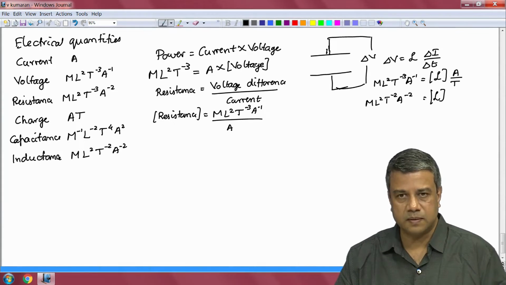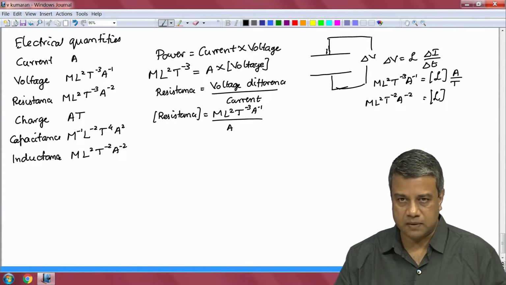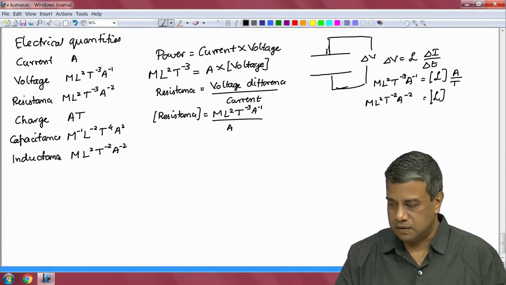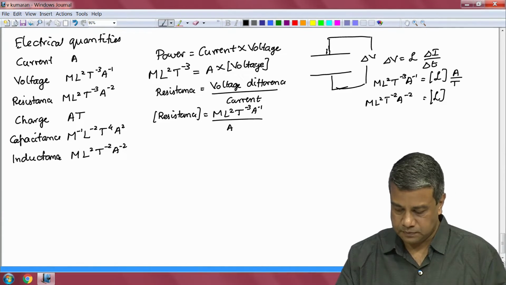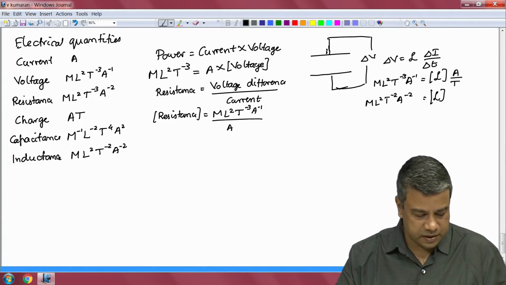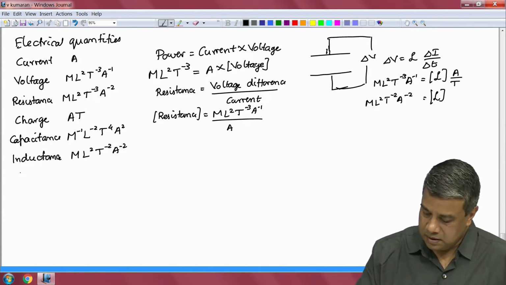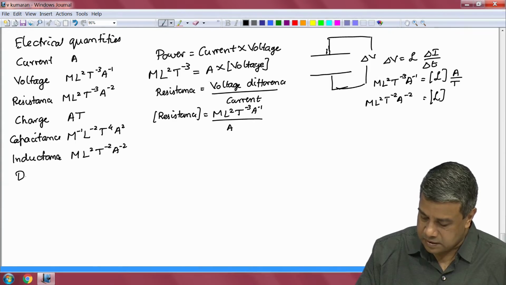So, that is how you determine the dimensions of all the quantities. Go to some relation which involves that particular quantity and involves other quantities, all of whose dimensions are known. So, quantities have dimensions. As we will see later during this course, when we write down equations, equations also have dimensions.